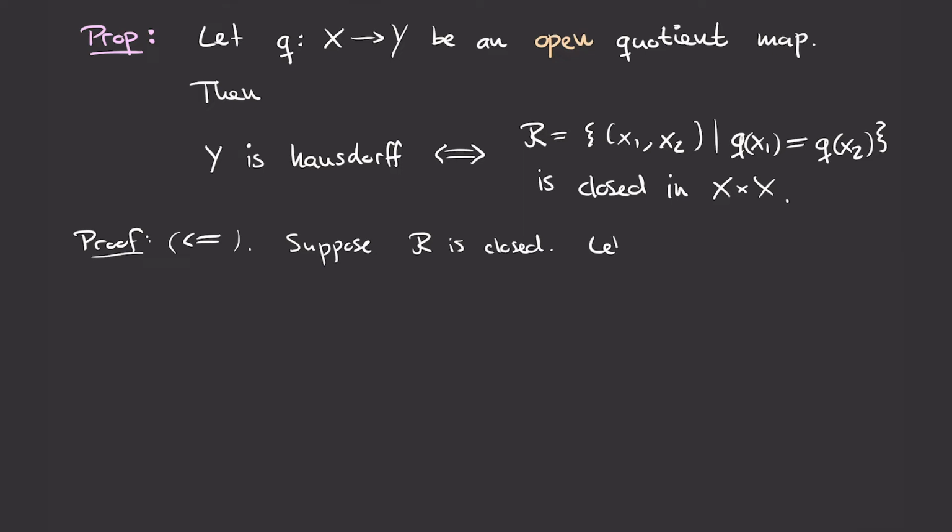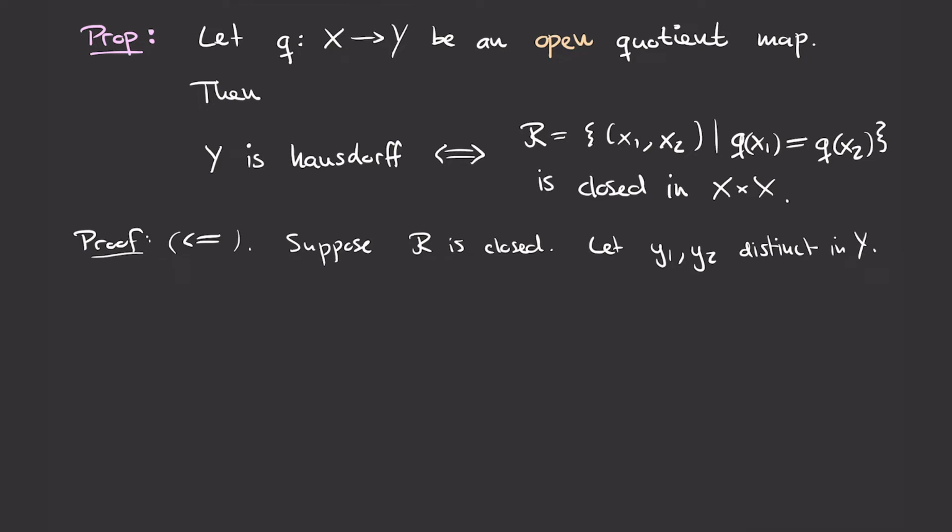For this, we take y1 and y2 distinct points in Y. To be Hausdorff, we would have to find two neighborhoods, one around y1 and one around y2, such that those neighborhoods are disjoint.